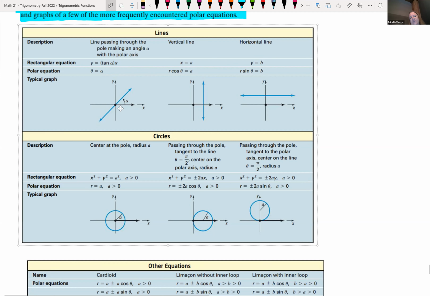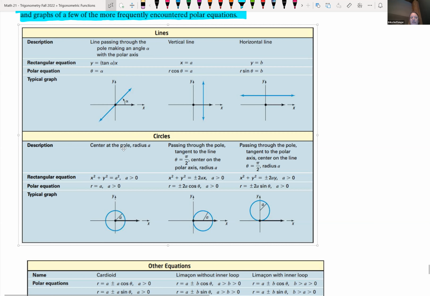And the graph is here below, where theta is equal to alpha. And that's what the form would be, theta equals alpha. If we had r cosine theta equals a, then we had a vertical line x equals a. If we had a horizontal line in rectangular equation y equals b, it would be in the form of r sine theta equals b in polar form.